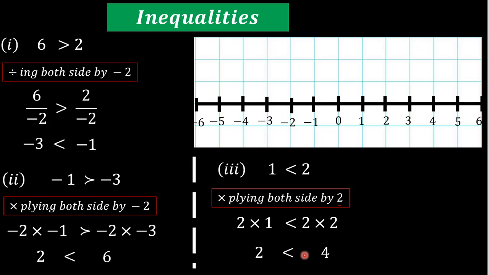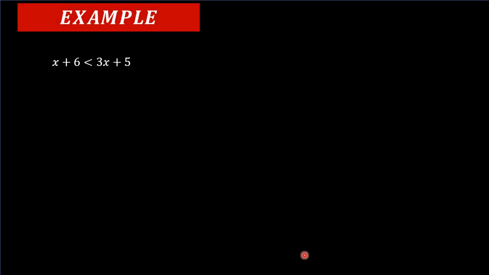Students, the situations where a student can make such mistakes or blunders, let us consider this example. You may falter in the process and lose marks. x plus 6 is lesser than 3x plus 5.